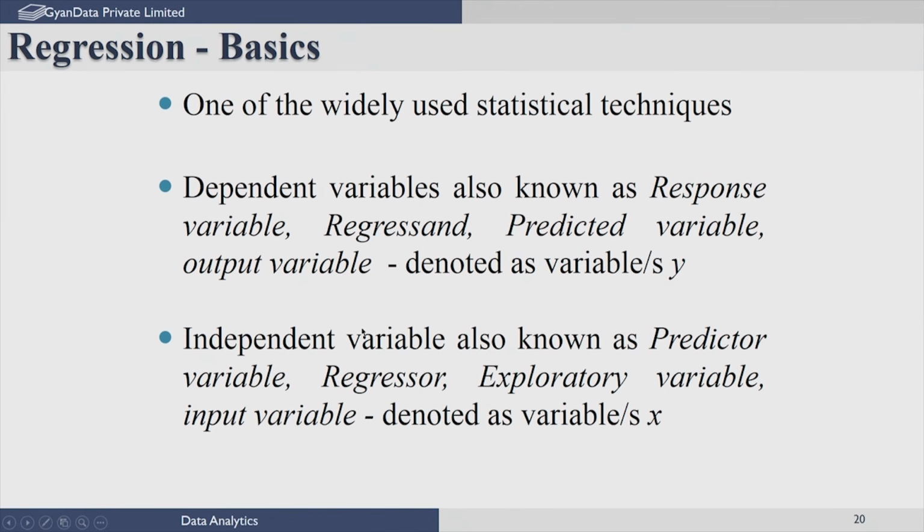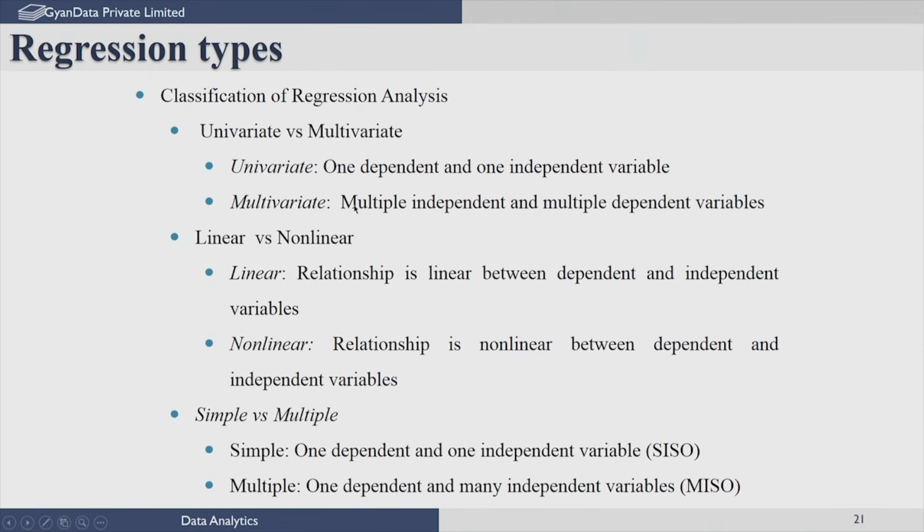We will not use the other terms in this talk. The independent variable is denoted by the symbol x typically. So, for the simple case let us assume that we have only one variable which we denote by x, the independent variable, and we have another variable called the dependent variable which we wish to predict, and we will denote it as y. There are several different classifications, and we are just going to give you a brief idea of that.